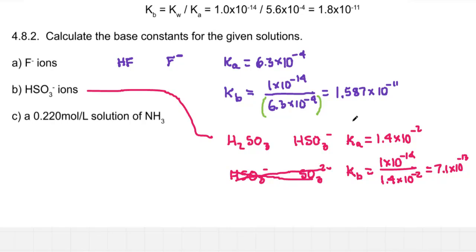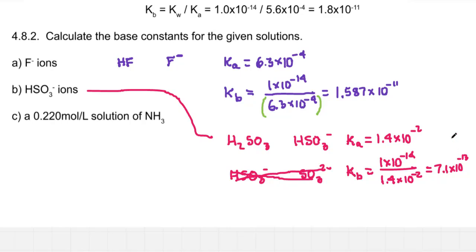As you might have noticed, just from the equation, the bigger your acid constant is, the lower your base constant comes out. HF had a kind of high acid constant, and so it came out with a kind of low base constant. H2SO3 has a very high acid constant. This is about as high as they get on our table, and that means it has a very low base constant.